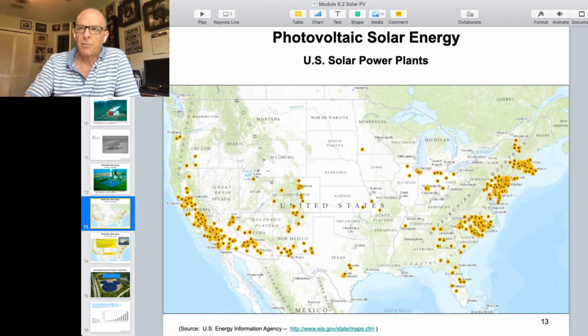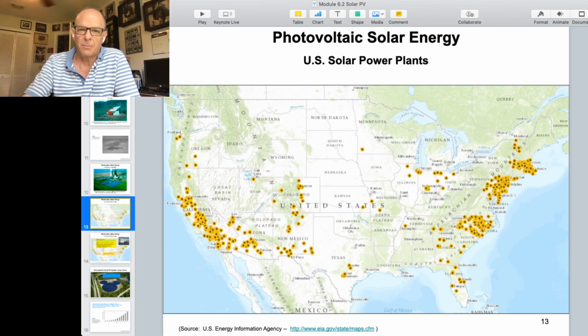So if local governments, state governments incentivize utilities to produce power from the sun, then you will get a bunch of utility scale solar power plants. As you see in North Carolina, there's a big cluster. And in the New Jersey, Philadelphia, and New York area, there's a much larger concentration of those.